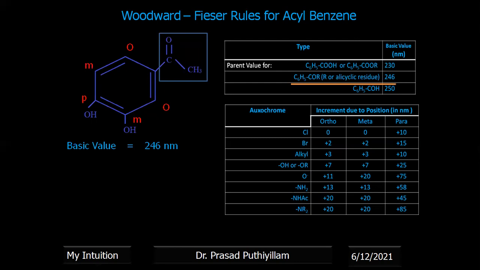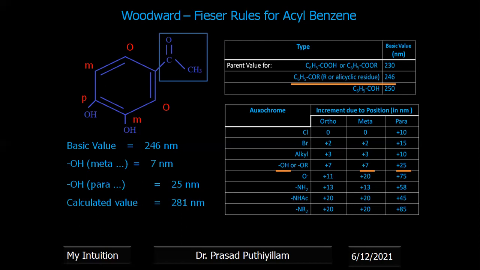Hydroxyl group present at the meta position, plus 7 we need to add for the hydroxyl at meta, a 7 nanometer increment. Now again it is present at the para position, so we need to add 25, the para effect. Hydroxyl present at the para position, 25 as increment. Calculated value 281 nanometer.